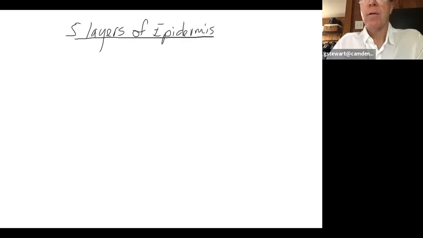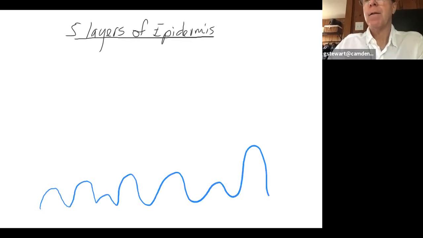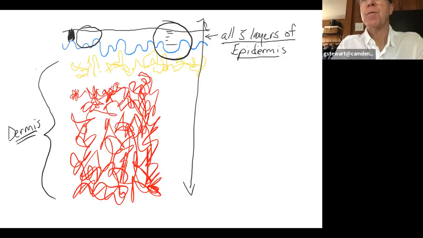I'll use the same color again. If this is that wavy line right down here, that blue line that I just drew represents this same blue line right here. I'm just magnifying it, making it bigger so that you can see all 5 layers now. So let's go back here.